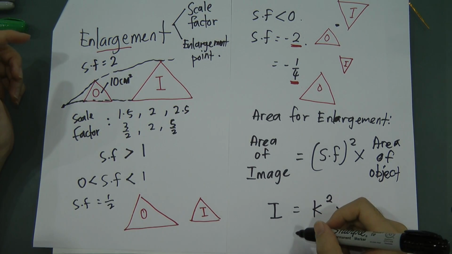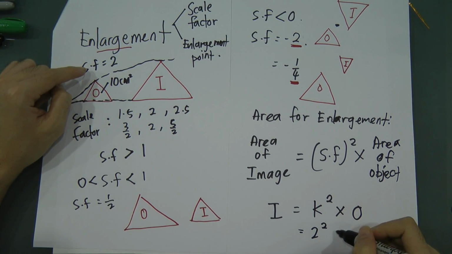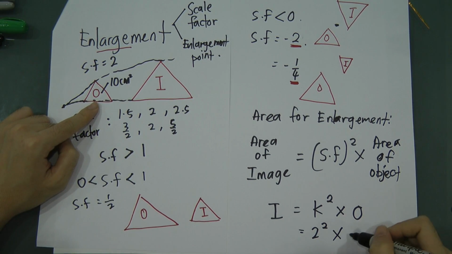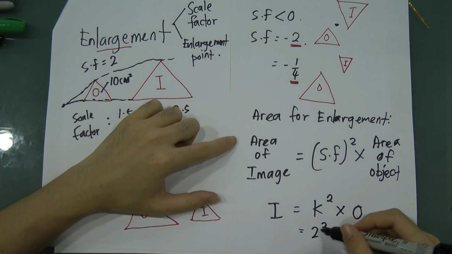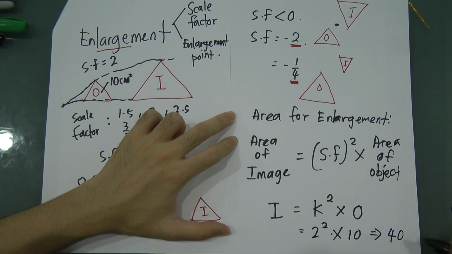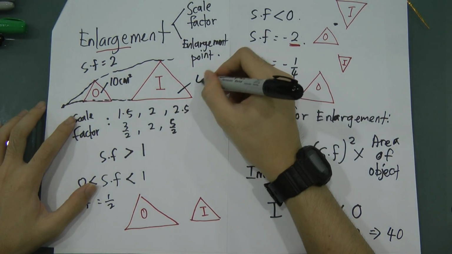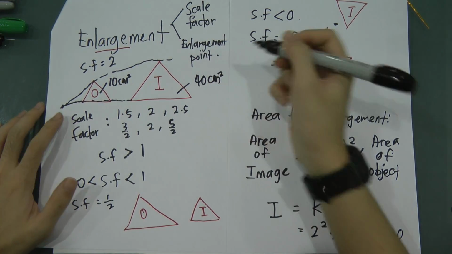So I use this formula. The scale factor is 2, so K will be 2 squared multiplied by the area of the object, 10. Therefore this is 4 multiplied by 10, so I get the area is 40. That means my area of image will be 40 cm squared.